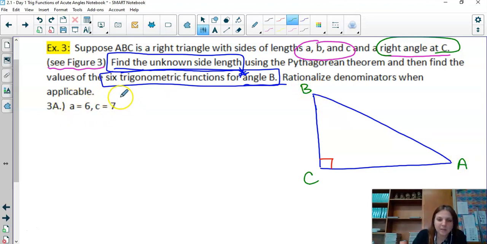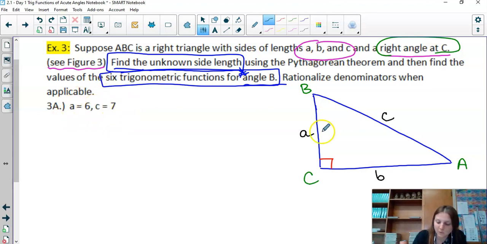Okay, next I need to label the sides. The sides are always opposite the angles. So if this is angle A, then that means the side opposite will be side A, little a. If this is angle B, then little b, side B is opposite, and then C would go here. Notice these are lowercase letters. The next thing you need to do is label them with their given information.